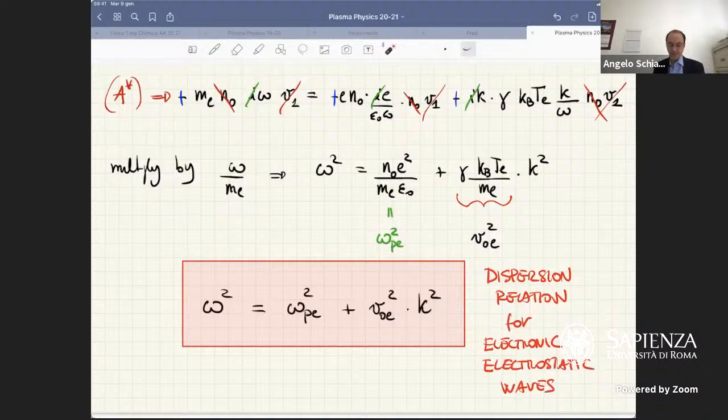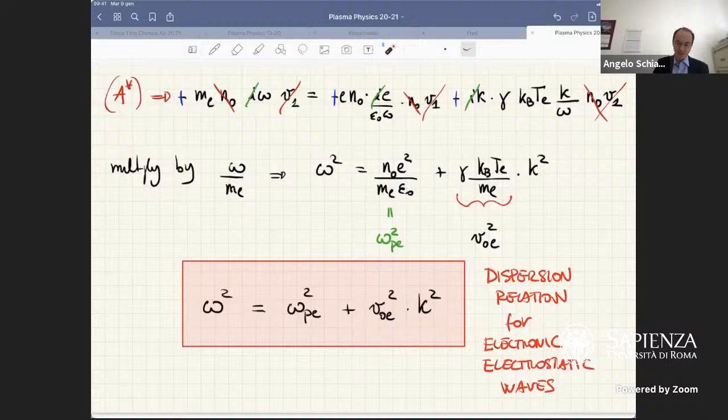Let's analyze a little bit the structure of this dispersion relation. We have omega squared on one side. On the other side, we have k squared. We have a characteristic velocity that multiplies the wave number. So this is going to be the asymptotic speed of waves for very large k numbers.